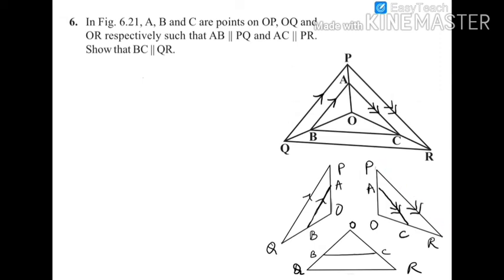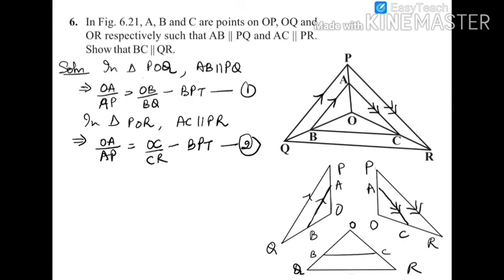So AC will divide the other two sides, that is OR and OP, in equal ratio. So we have OA upon AP equal to OC upon CR. So we have these two results in which the left hand side is same, so we can equate the right hand sides. So we get OB upon BQ equal to OC upon CR.